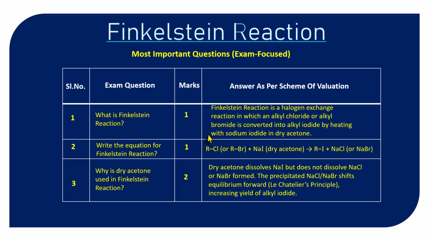Now, one more way for 1 mark that the examiners can ask you the question on Finkelstein reaction is, children, write the equation for Finkelstein reaction. So they want you to write the general equation, and this is how you can write it. RCl or RBr, you know what RCl is by this time, which is alkyl chloride, or RBr is alkyl bromide, is treated with sodium iodide in dry acetone, gives us iodoalkane or alkyl iodides with NaCl or NaBr.